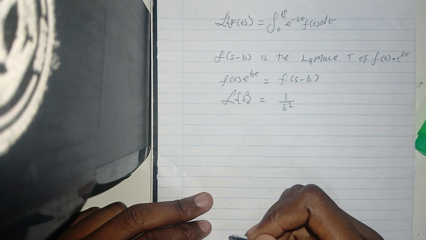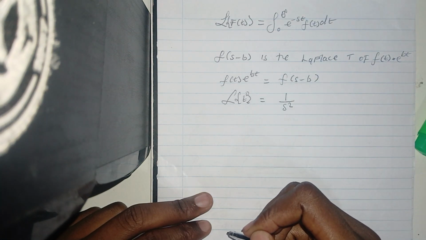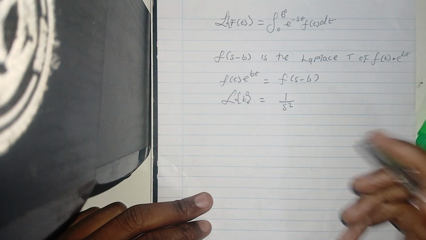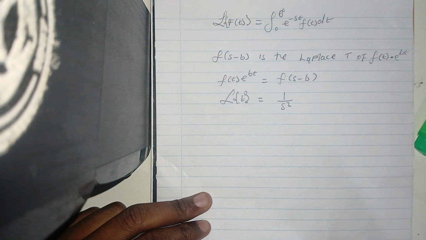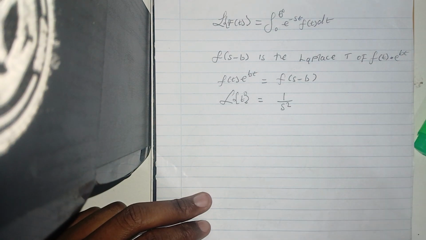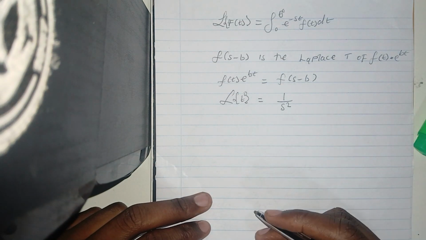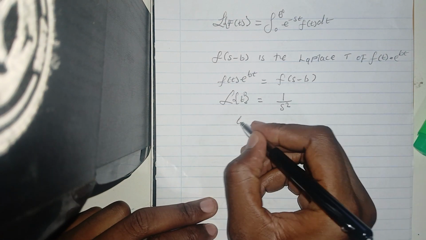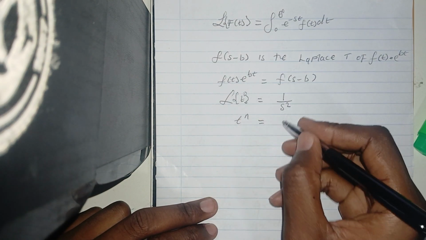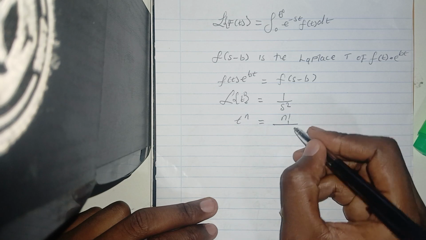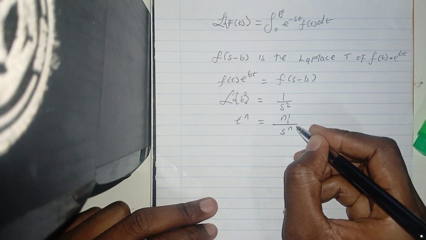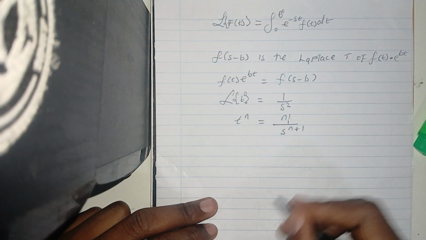We take the factorial of the exponent and put it in the numerator, then divide by s to the power n plus 1. Because some people didn't watch my previous videos: say you are given t to the power n, that is factorial of n divided by s to the power n plus 1. So that's how we deal with it.